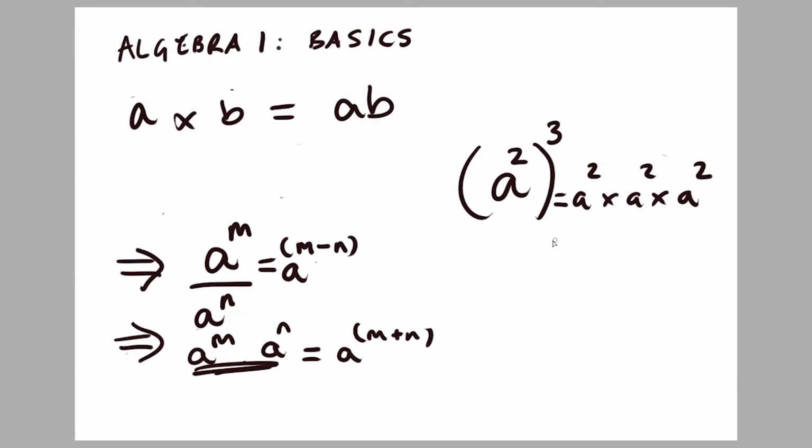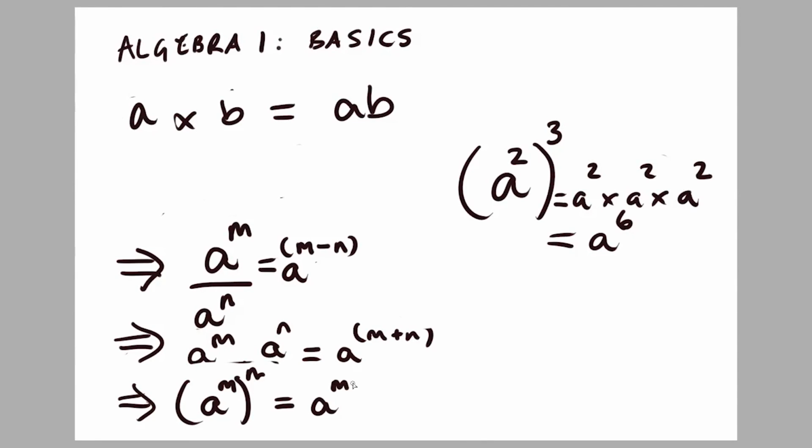You can just add these. So this is a to the 6. Okay, and here's our final rule in indices and algebra. Okay, a to the m to the power of n is a to the power mn, where mn means m times n, as we've seen before.